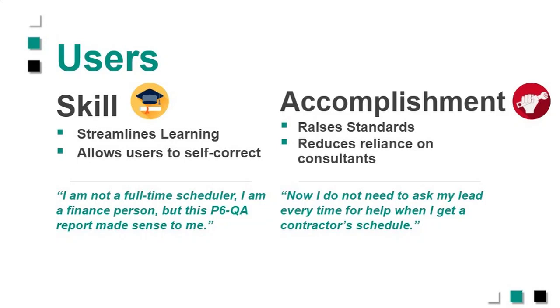And they had a lot of special ones, calendars, different resourcing and roles. So they had a lot of special ones that they needed to adhere to. So this is an important thing, that you need to be able to run it quickly, get the feedback out, and get the standards up. That's the key thing. So when you get the contractor schedule, you can give feedback very quickly.